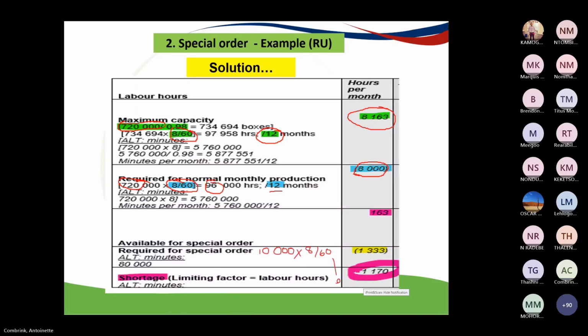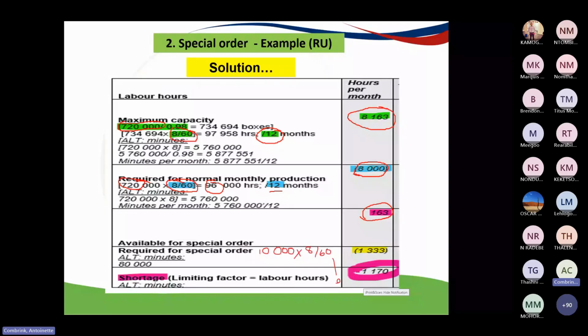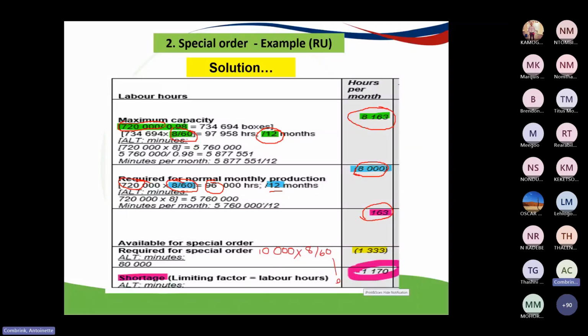So we've got available for the special order 163 hours. But we want to make 10,000 units, and each needs 8 minutes, so we're going to need 1,333 hours of labor. And we only have 163. So that's why we know we've got a shortage in this case.